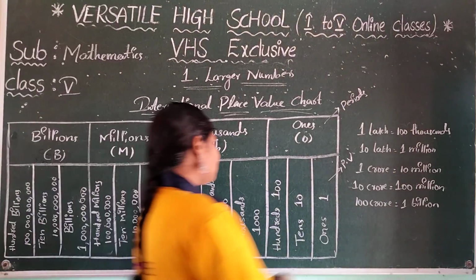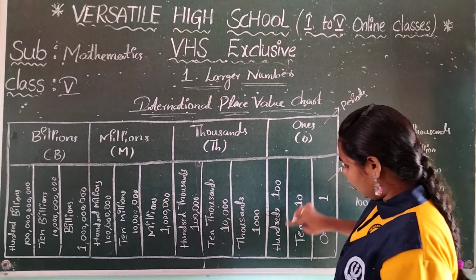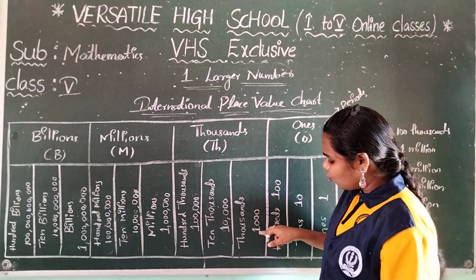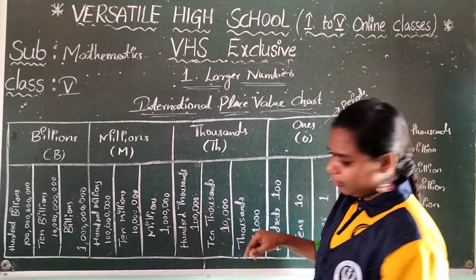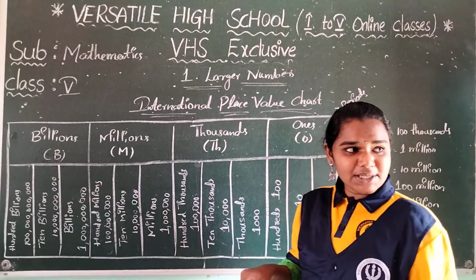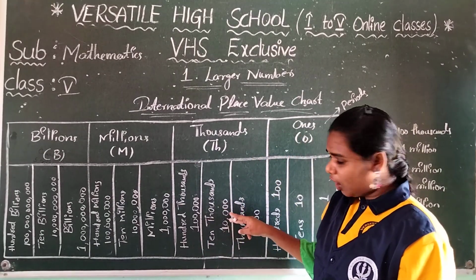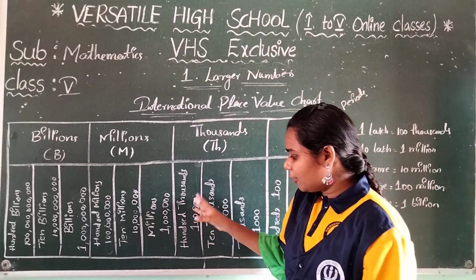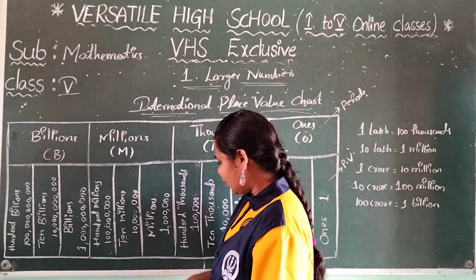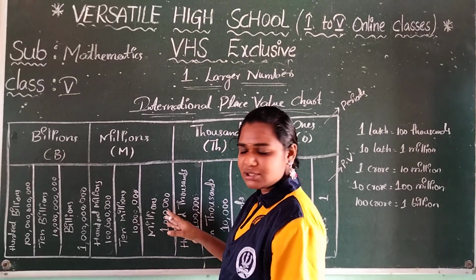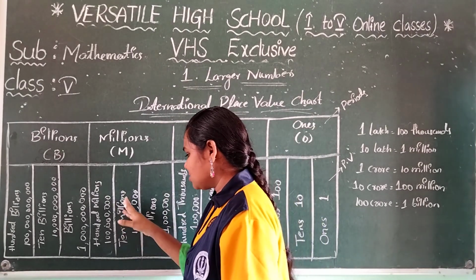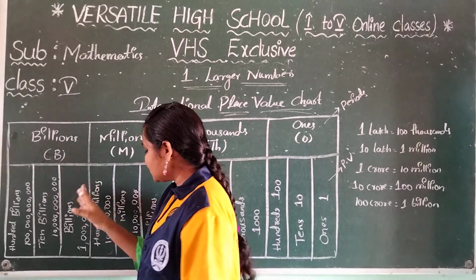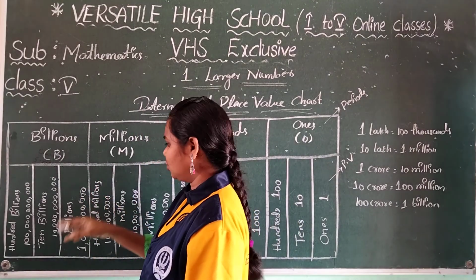So ones means 1, tens means 10, hundreds means 100. Next, thousands means 1,000. 10,000s means 10,000. 100,000 means 100,000. Millions means 1,000,000. 10 millions means 10,000,000. 100 millions means 100,000,000.